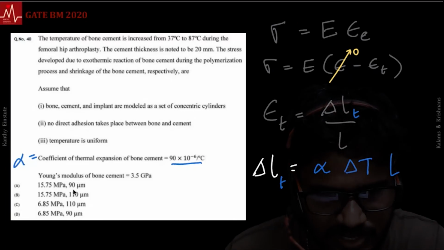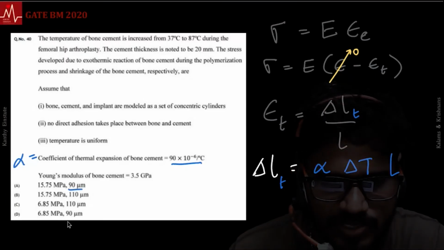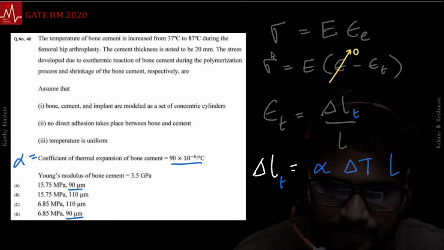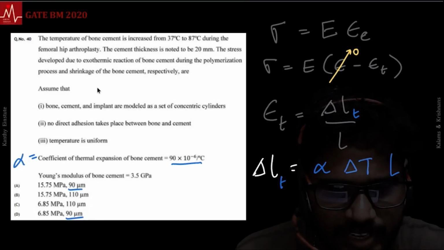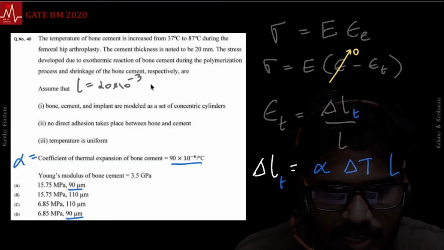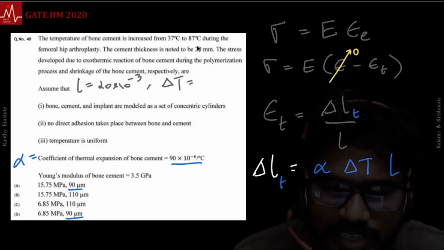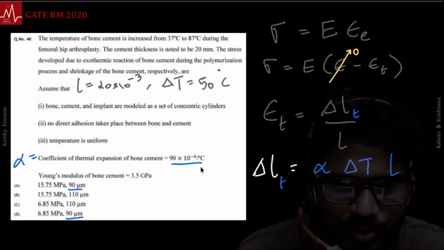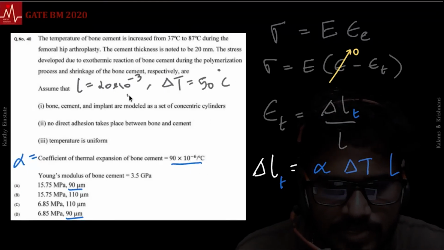So actually to answer, we have to find the stress. Let me quickly write down L is 10 power minus 3, delta T is 87 minus 37, that is 50 degrees Celsius. Alpha is given over here. I have written that in meters.